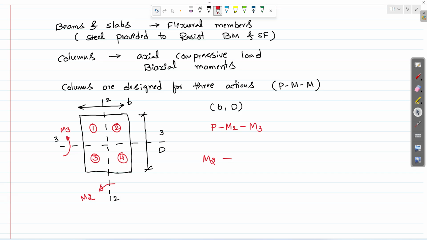Okay, no problem. Let it have the old direction. So this is your M2 and this is your M3. Because of M2, quadrants 2 and 4 are subjected to compression.